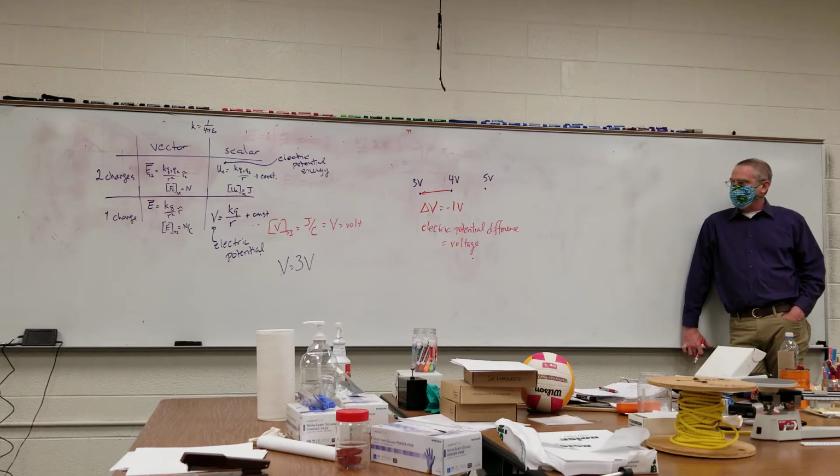It's probably mentioned on Thursday, some textbooks go overboard to distinguish between electric potential and voltage, or electric potential and electric potential difference, and some textbooks just play fast and loose. I will try to emphasize when it's electric potential and when it's electric potential difference.